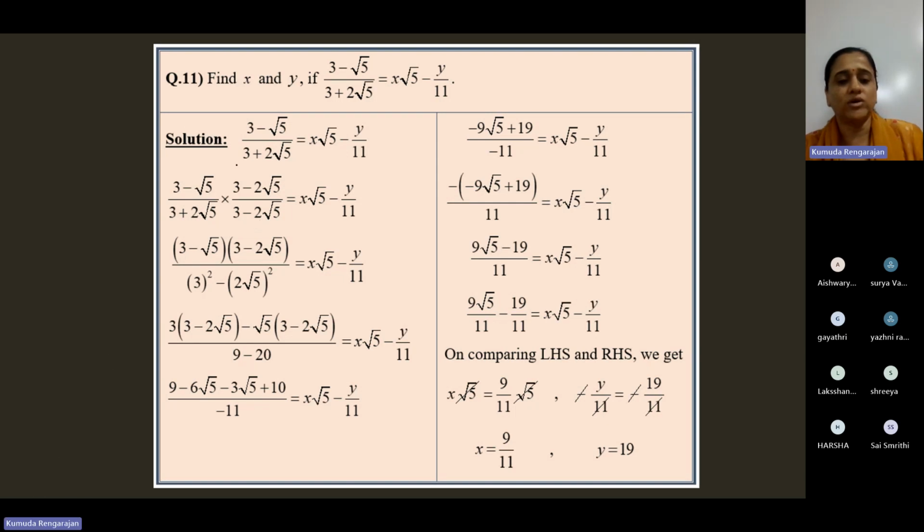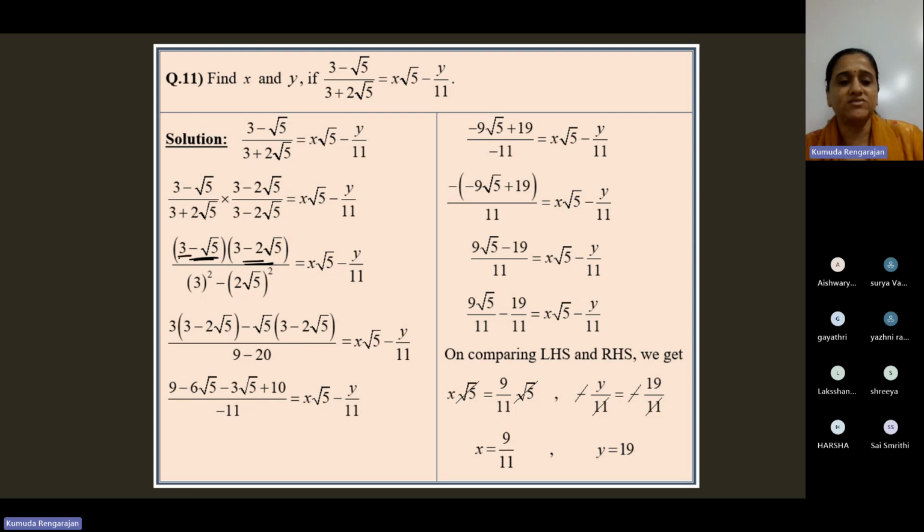So in the numerator, you cannot use any formula. So first term into the second bracket, second term into the second bracket. The denominator is of the form a plus b into a minus b. So the result is a squared minus b squared. In the numerator, no formula. You'll have to multiply the terms in these two brackets.